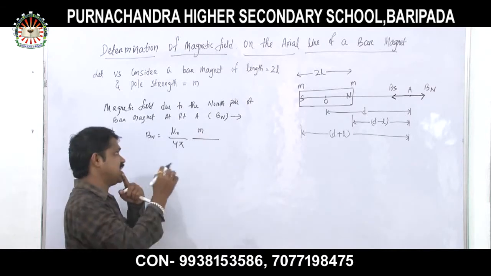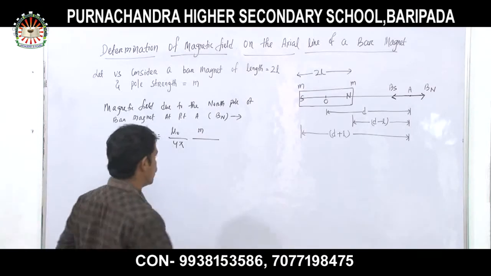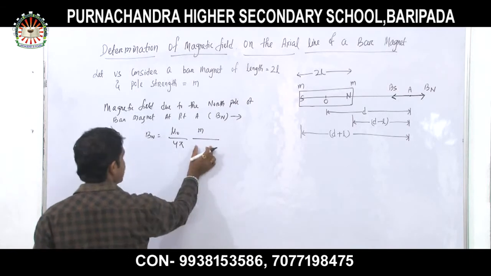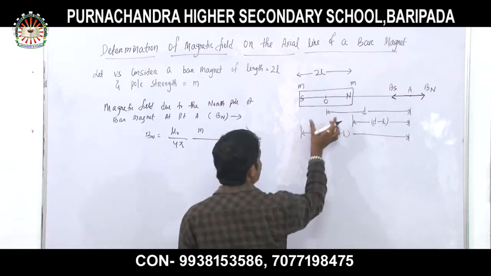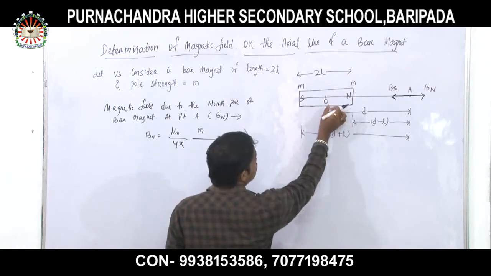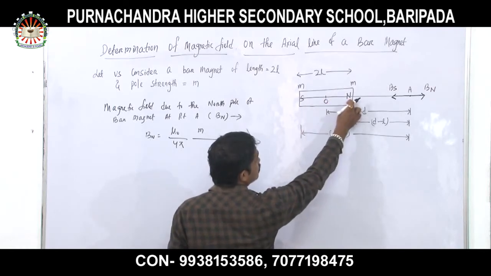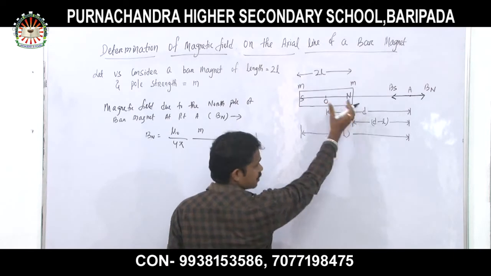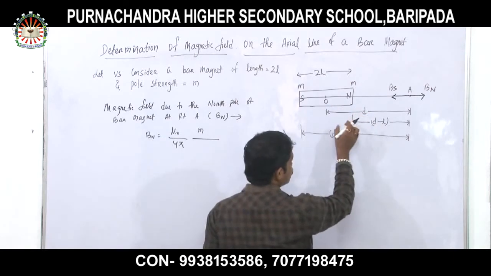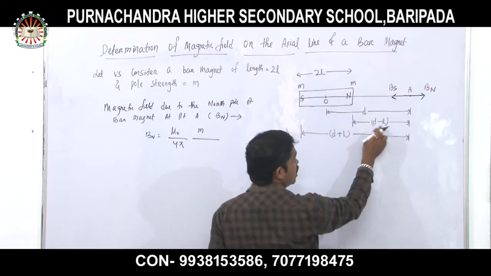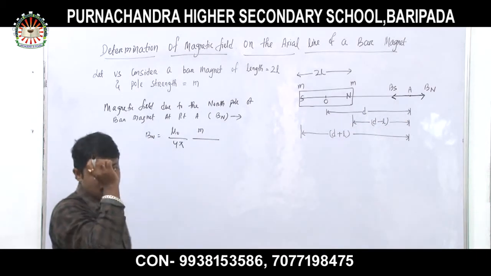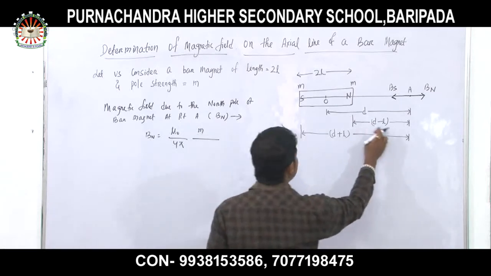Now the distance between the north pole and point A: this is 2L, so O to this half is L, and O to A is D. So the distance is D minus L.